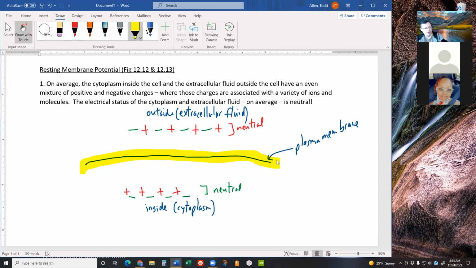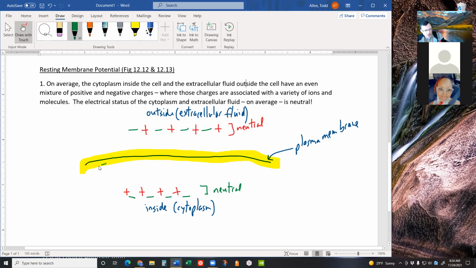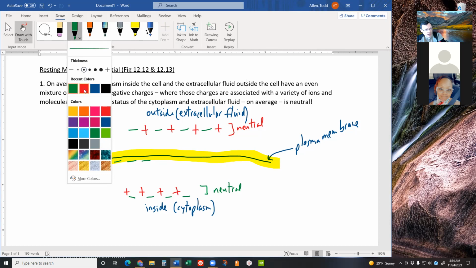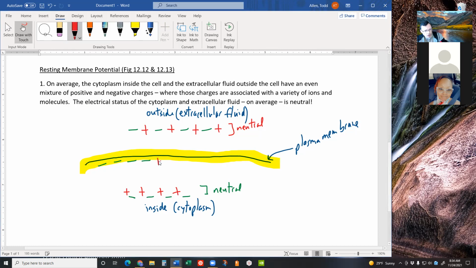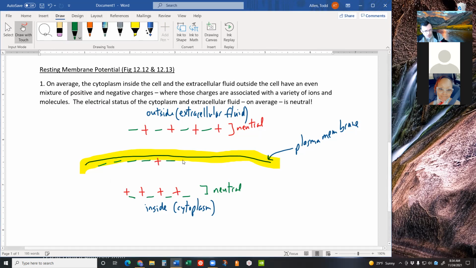Okay, so for example, on average for a resting cell, typically the inside of the membrane has an abundance of negative charges. So let's say for every 4 negative charges, I might have 1 positive charge, just as a rough idea here of how this would look.